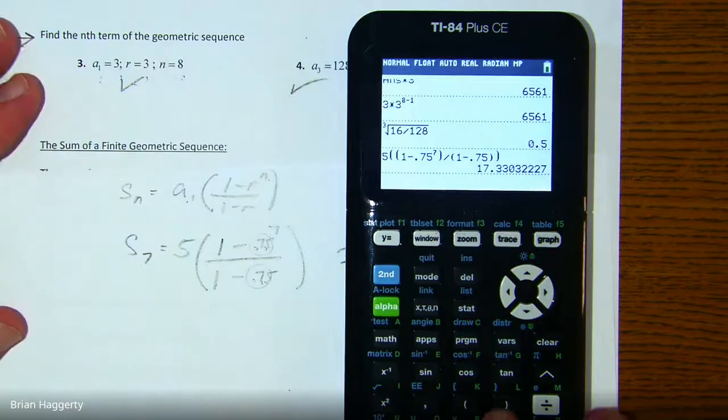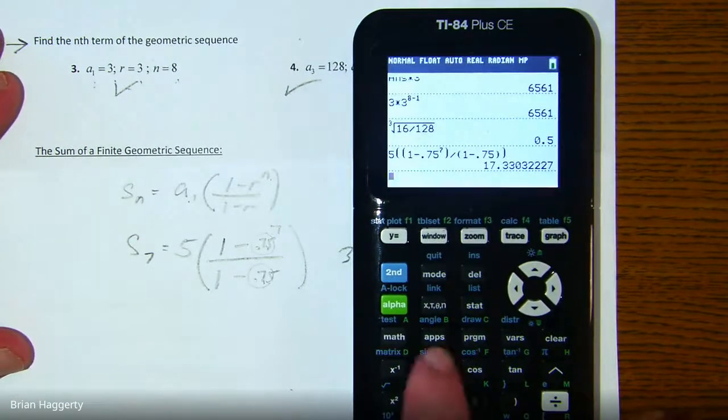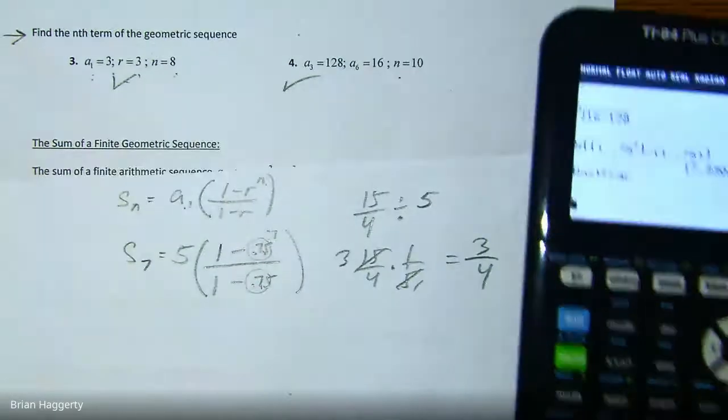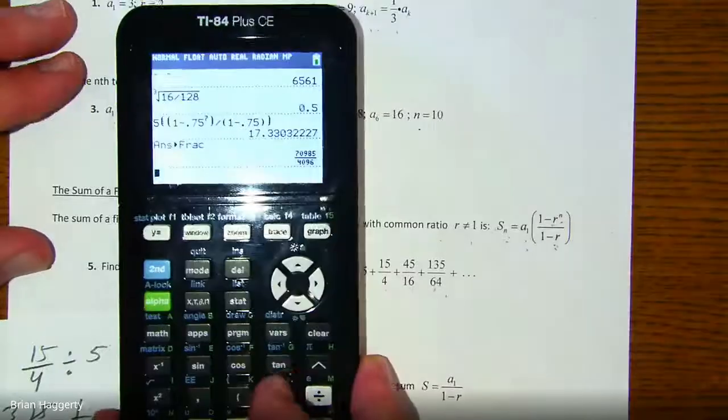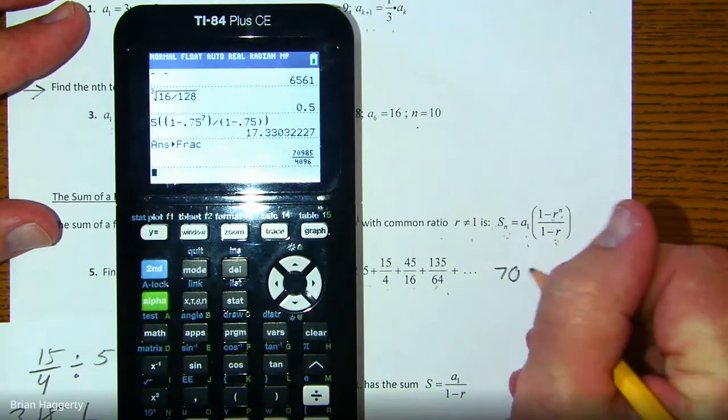And if we are looking for an exact answer, what we're going to want to do is fract that answer. And we get somewhat of an unpleasant fraction. But it's not like we have to calculate that by hand.